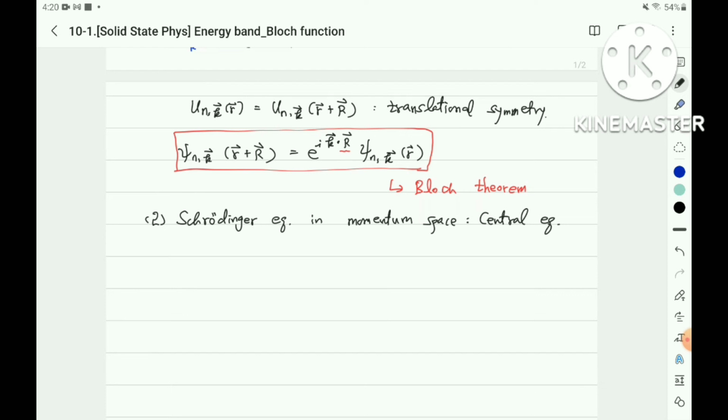There is real space and momentum space, and practically we observe solids by diffraction experiments, like electron diffraction, X-ray diffraction, or neutron diffraction.